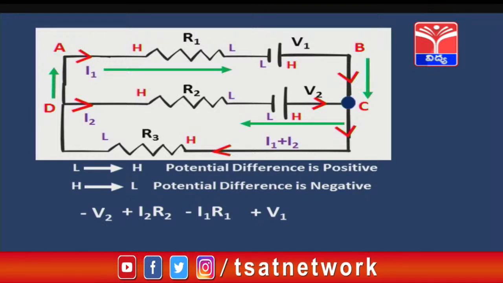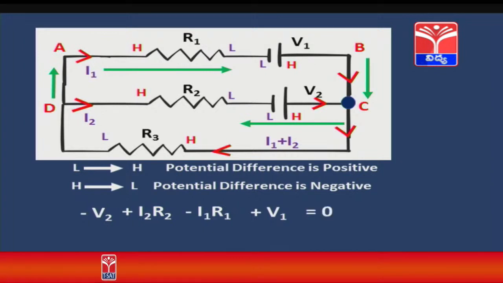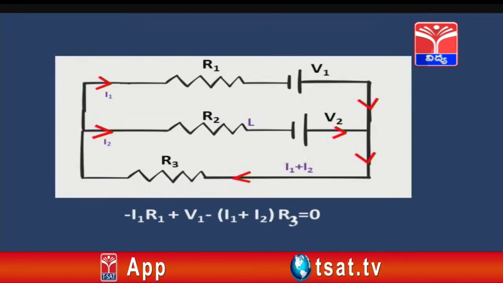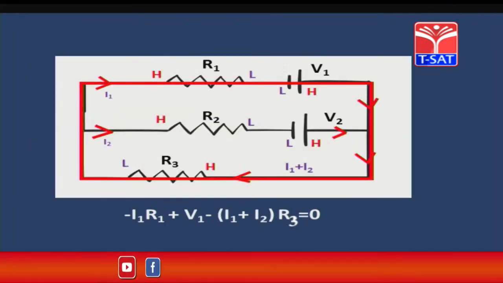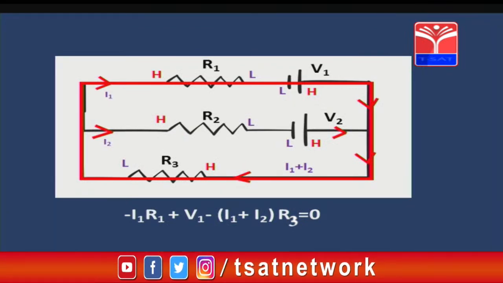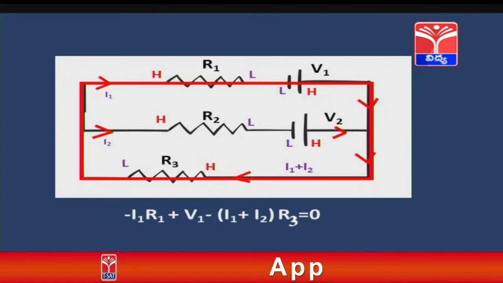Now, the sum of all these potential differences must be equal to 0. So, this is how we have to write the equation using Kirchhoff's loop law. We can consider another loop and we get the equation minus I1 R1 plus V1 minus (I1 plus I2) times R3, which is equal to 0.